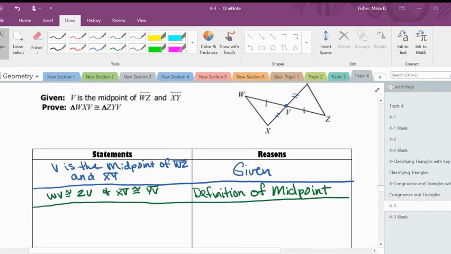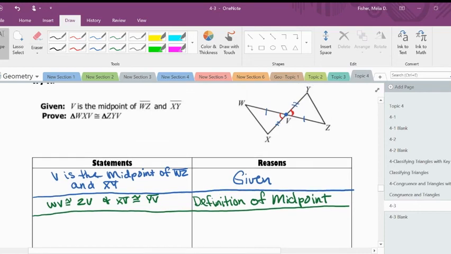The next thing that I need to do is determine if there is a way to find either an angle that would be included or the third side. I don't see a way to get that third side, but I do see a way to get that angle. Looking right here, we see that this is a vertical angle. We cannot call that angle V because we wouldn't know which piece we were talking about if we called it angle V. So make sure you use three letters.